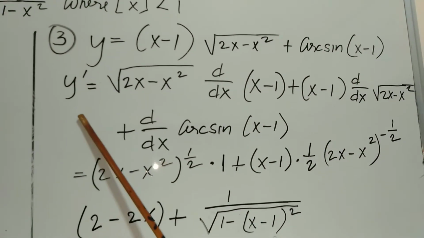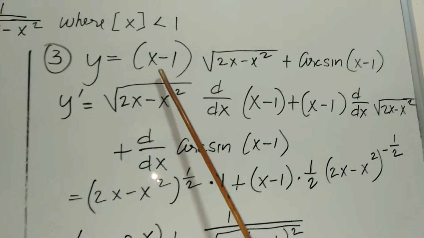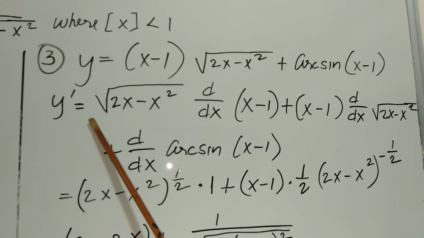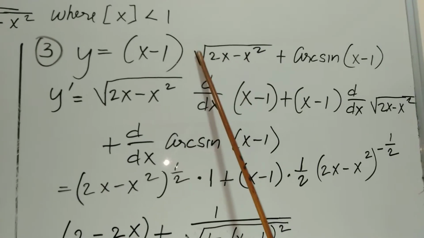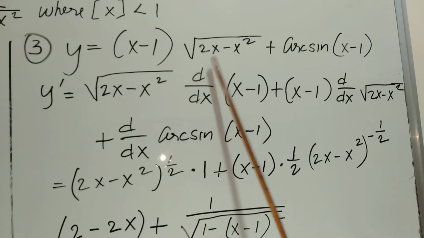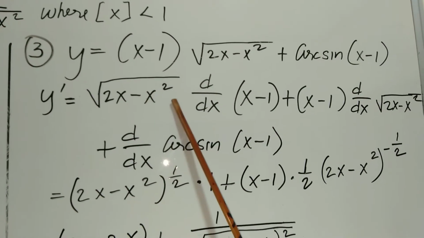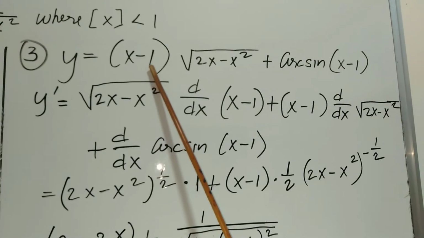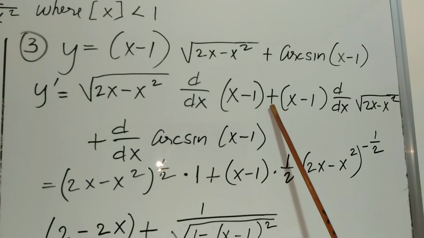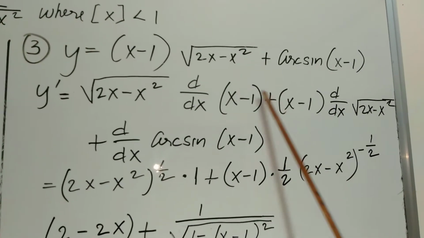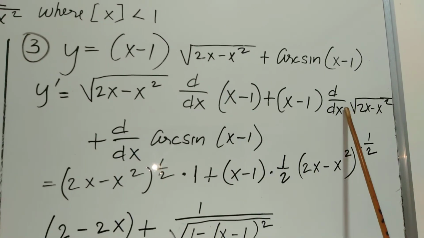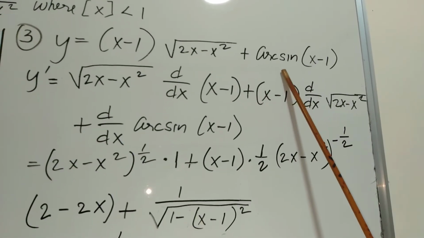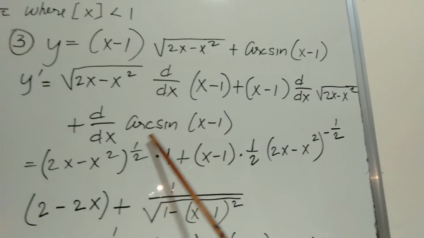For y prime, we apply the product rule for these two terms: the square root of 2x minus x squared times the derivative of the first term, plus the first term times the derivative of the second term, which is the square root of 2x minus x squared. And we also get the derivative of arcsine of x minus 1.